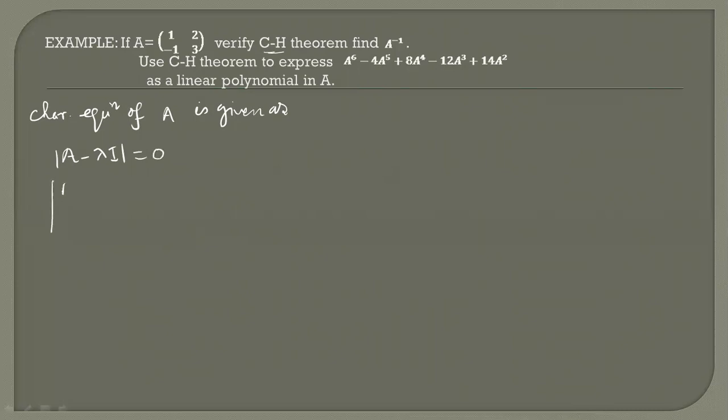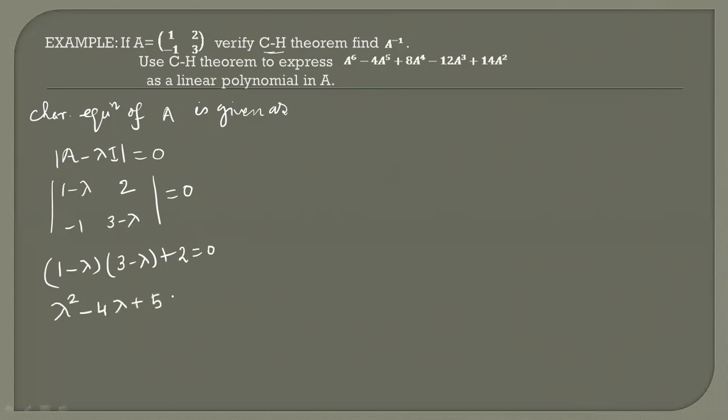So it will be the determinant of 1 minus lambda, 2; minus 1, 3 minus lambda, equal to 0. Now if you expand this, you will get 1 minus lambda times 3 minus lambda plus 2 equal to 0. If you simplify it more, you will get lambda square minus 4 lambda plus 5 equal to 0. This is called the characteristic equation.